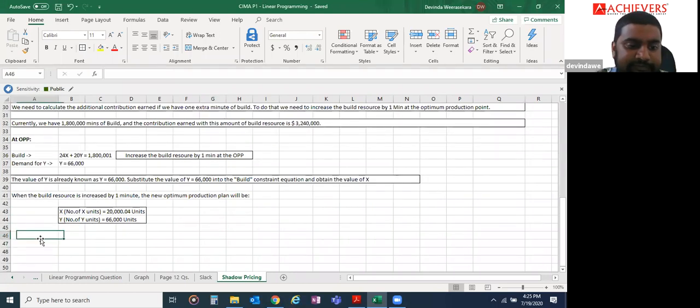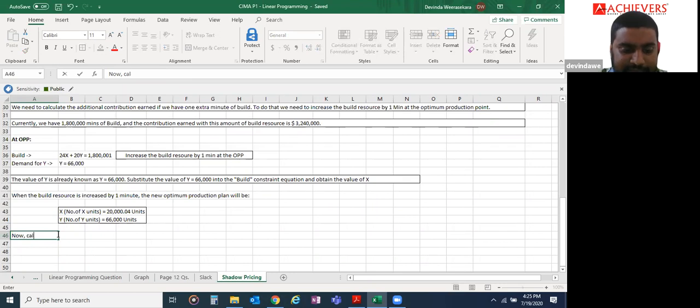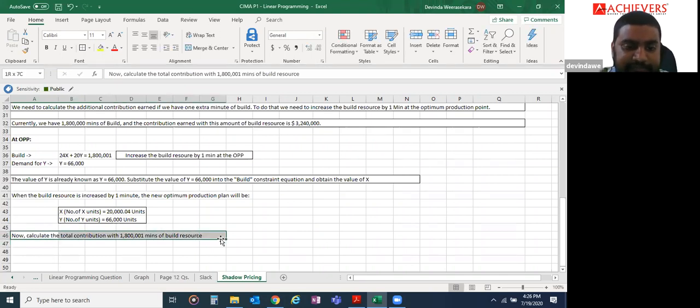So now calculate the total contribution with 1,800,001 minutes of build resource. So this is what we have to do. Let's calculate.